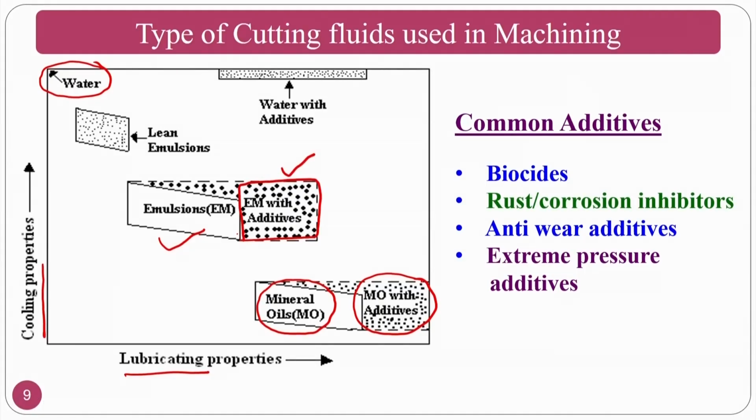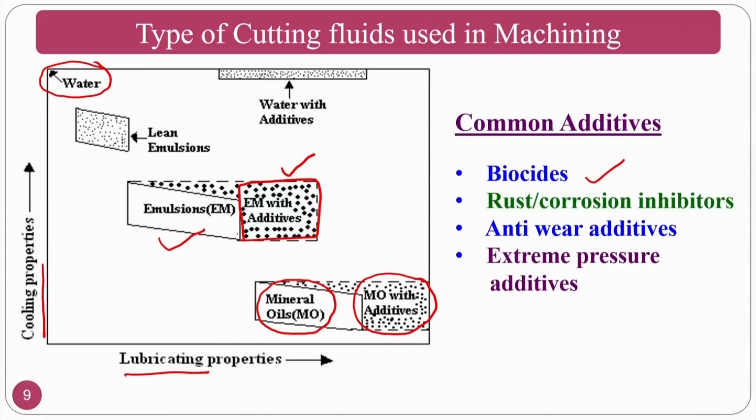What are the additives? The first and foremost additive is biocides, because it can prevent the formation of fungal and bacterial growth in the cutting fluid, because people use the cutting fluid for a few months. In that circumstance, water is there enormously.